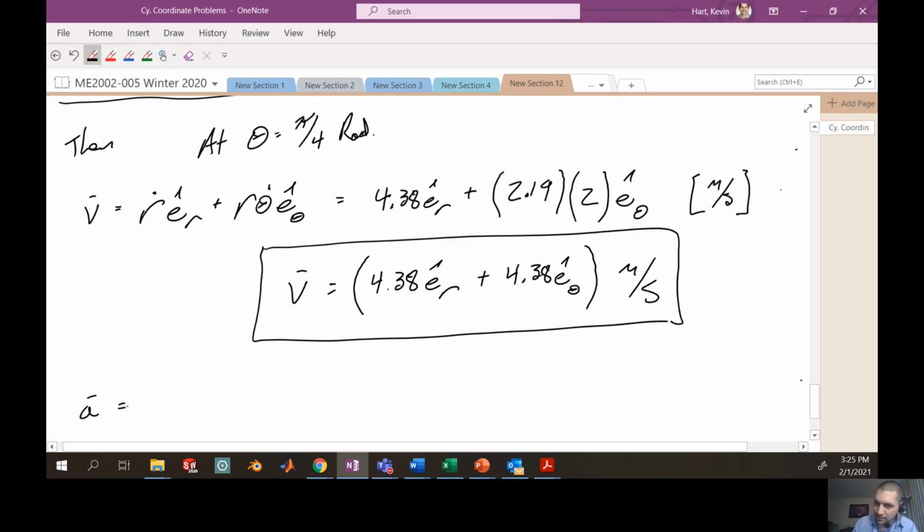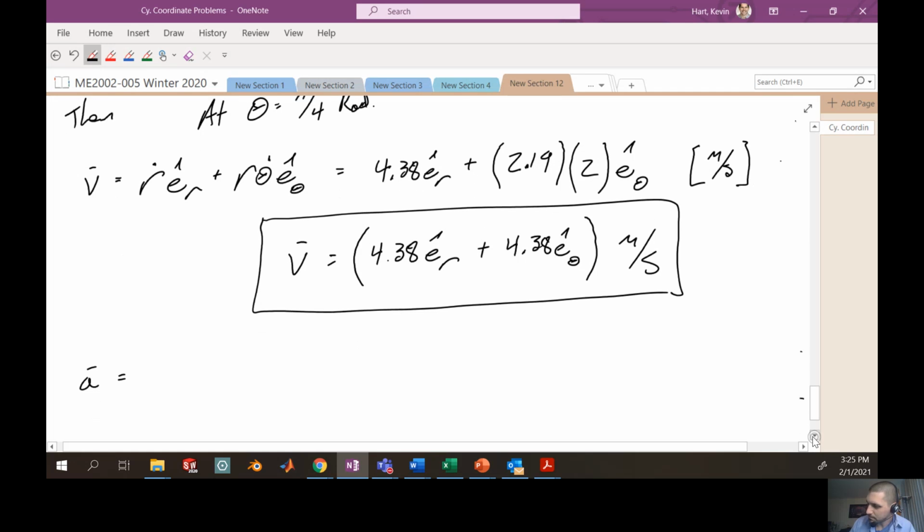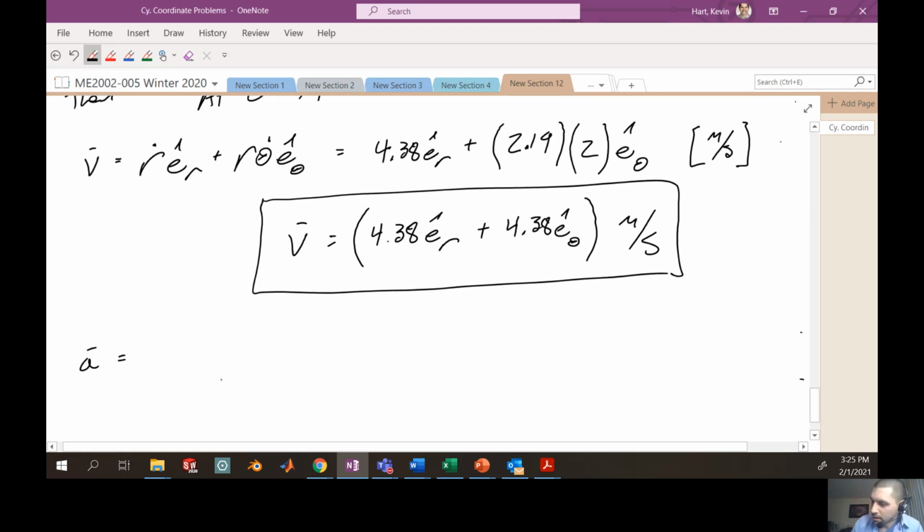I could do a similar thing with the acceleration vector. Remember acceleration given by r double dot plus r theta double dot. Oh, sorry, that's the wrong expression there. Got my components mixed up.